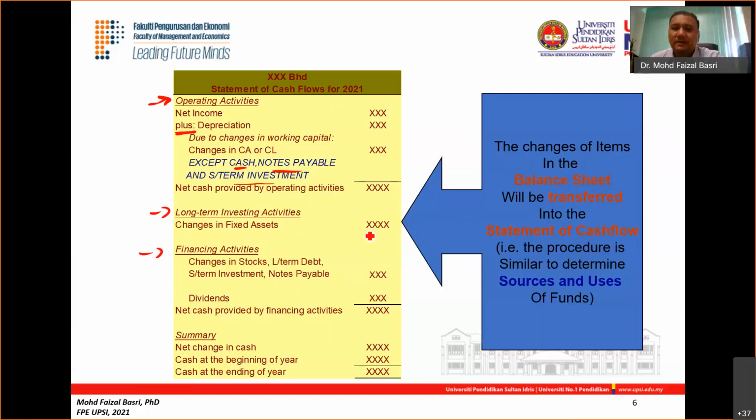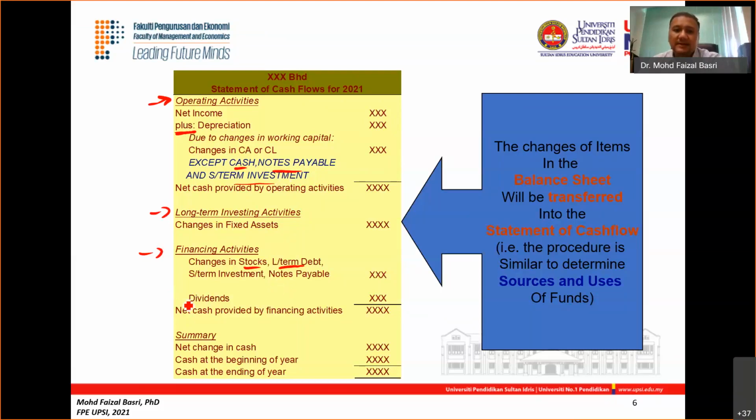So I'm going to get one item here. And the final category, which is the financing, remember those excluded earlier, except cash. Cash will not be part of financing, but notes payable and short-term investment, yes. So together with the changes in long-term debt and changes in equity as well, stocks. This is from equity, this is from long-term liabilities, and the two items we excluded earlier.